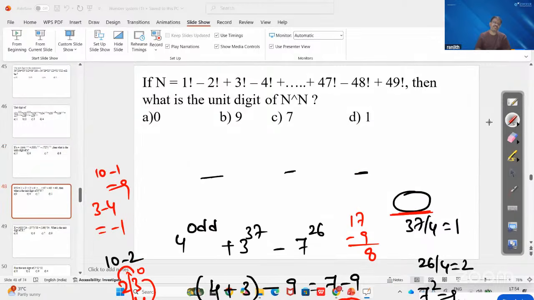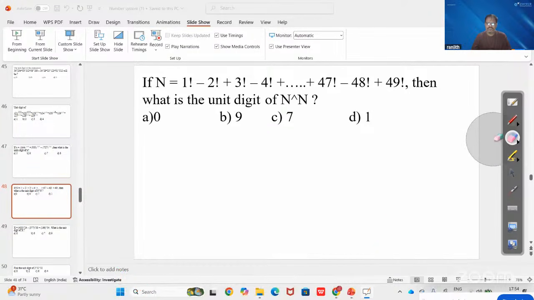Next, what is the answer for this one? So where n equal to 1 factorial, 2 factorial, and so on, 49 factorial.